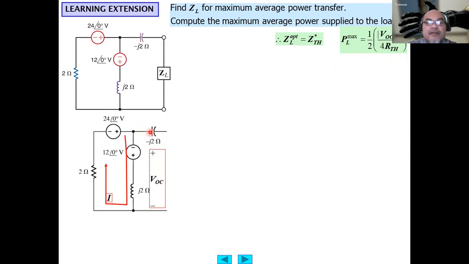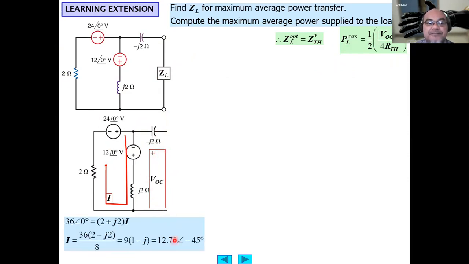Okay, to calculate the VOC, here you can use two loops, loop analysis. First loop here: 24 plus 12 equals 36, which equals (2 plus j2) times the current.